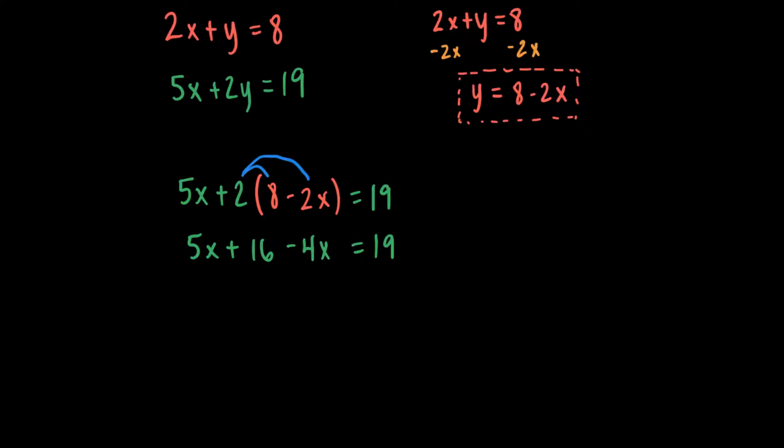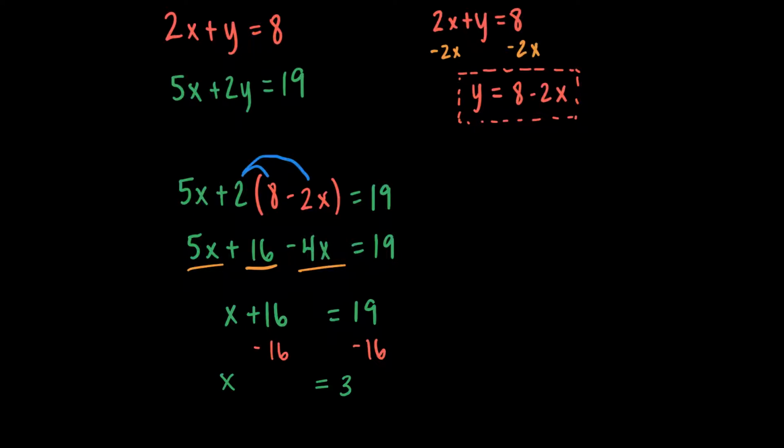Organizationally, I'm going to underline those just so I can keep track of them. 5x minus 4x is just x. And then I have plus 16. And that's supposed to be equal to 19. And now we can just subtract 16 from both sides. And we're left with x is equal to 19 minus 16 is 3.